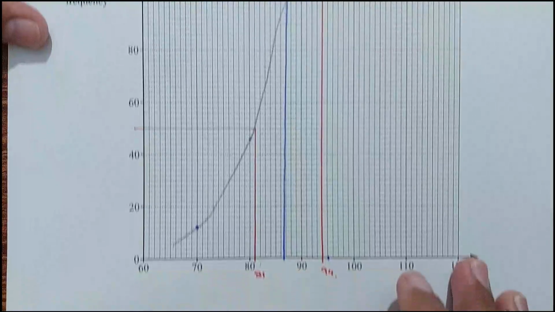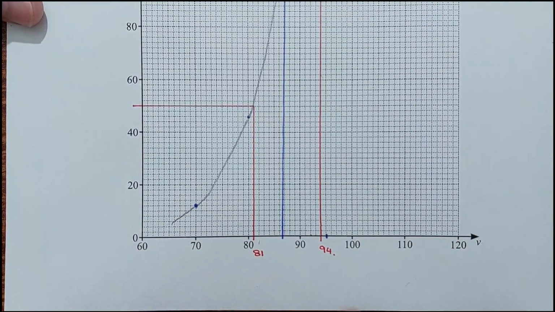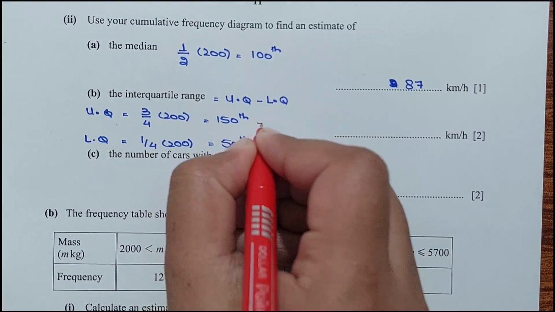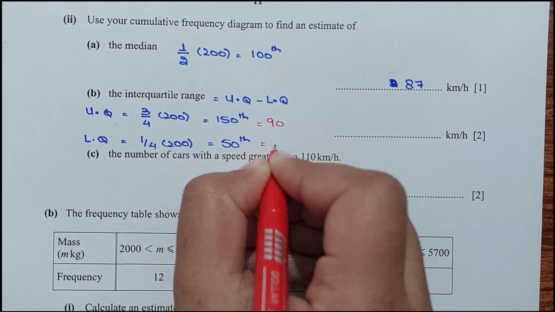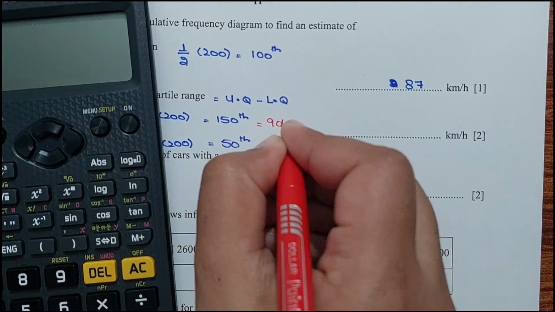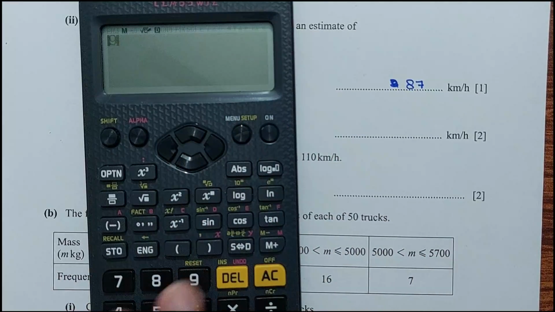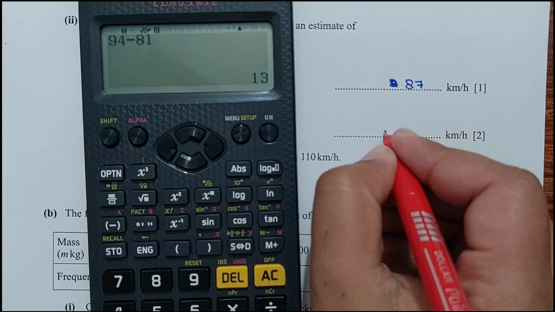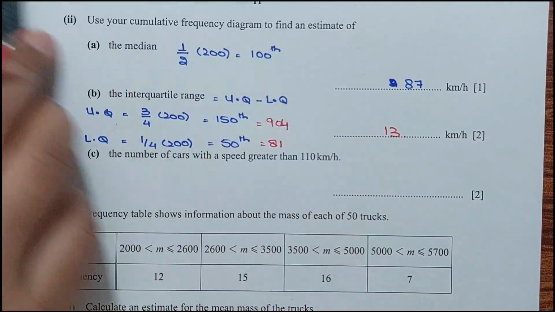Let me find the difference of the upper and the lower quartile, which is 94 and 81. So 94 take away 81, this is 13 kilometers per hour, right?